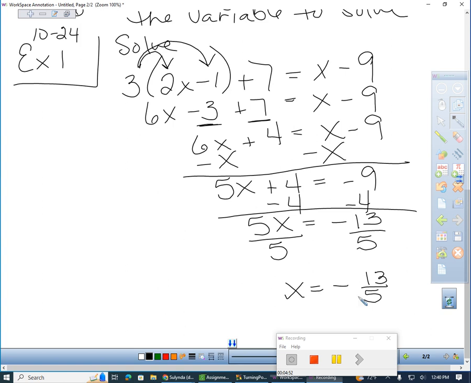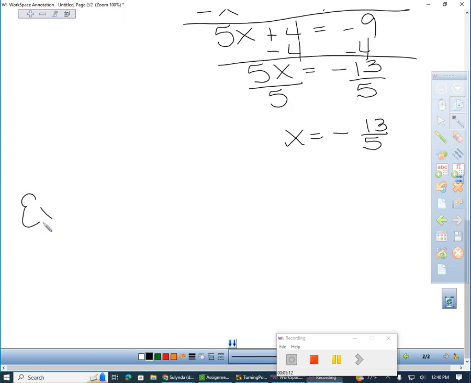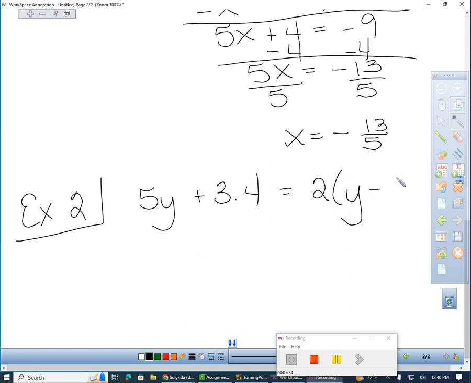All right, let's do another example from this section real quick. Example number 2. Let's say I have 5y plus 3.4 equals 2 times y minus 3.